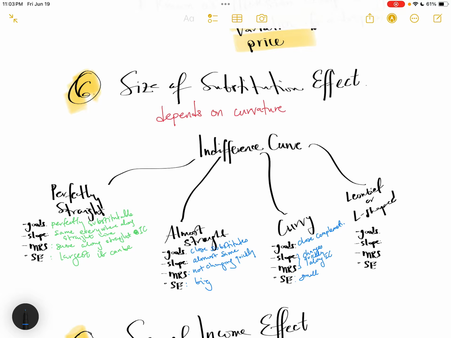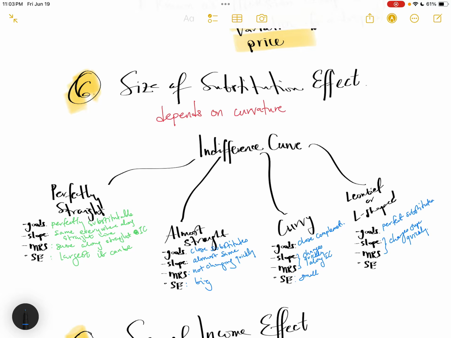Now, when you have Leontief or L-shaped indifference curves, the goods are perfect complements. The slope changes quickly, and therefore the marginal rate of substitution also changes super quickly. Actually, I'll do a little detour so you see what I'm talking about.